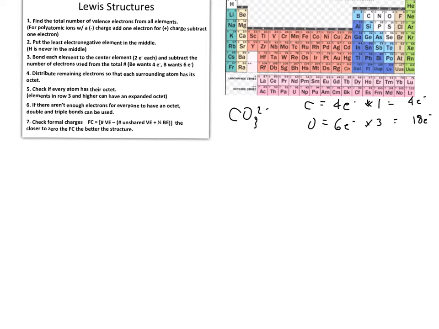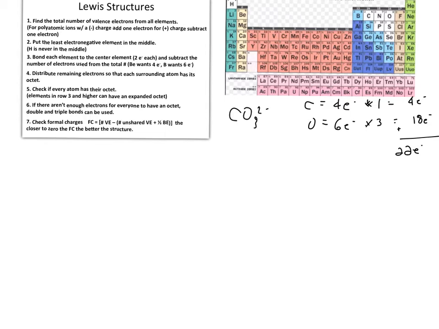Now, we don't care about the individual atoms, we care about the total molecule, so we sum the total number of electrons coming from each atom. 18 plus 4 gives us 22 electrons. Normally that would be the end of our summation of valence electrons, but because it's a polyatomic ion, we have to account for the electrons associated with that kind of structure.